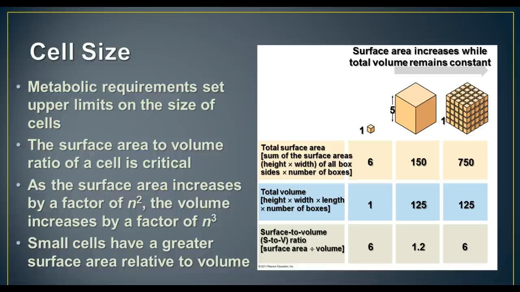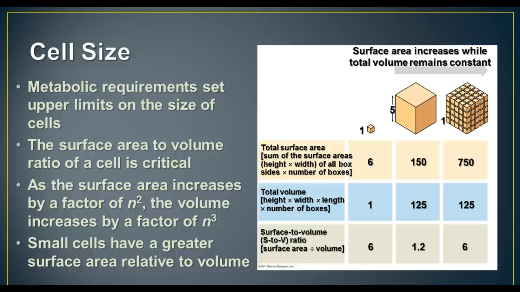You can see here the mathematical construct of that. As the surface area increases, it increases by a factor of n squared, but the volume increases by a factor of n cubed. So it's much more efficient to remain relatively small rather than large because you have a greater surface area to volume ratio, and that allows for the appropriate passage of materials through the membrane to nourish the cell and take care of the other metabolic needs of the cell.